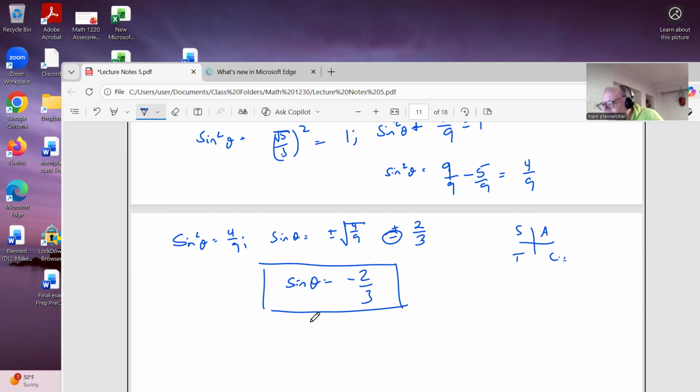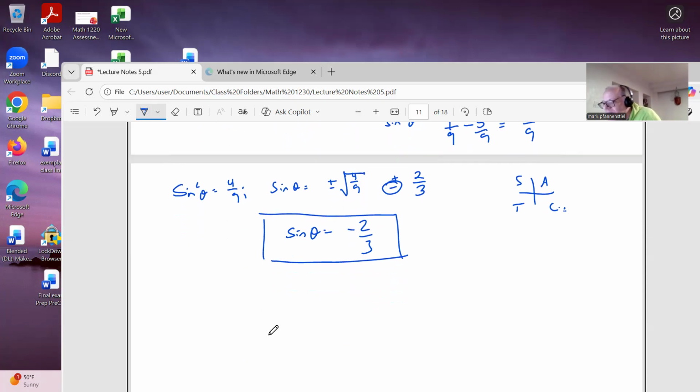Let's see here. I have tangent of theta is equal to negative square root of 3, and I have that theta is in quadrant 4. They'd like us to find what secant is.